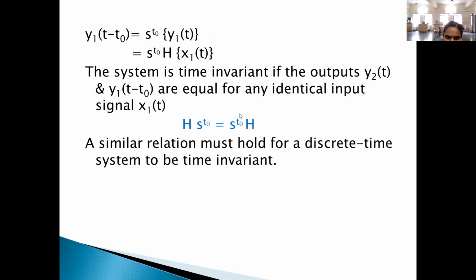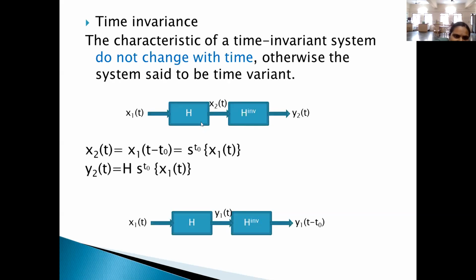The same thing, if I equate, x1 of t is going to be cancelled off. I'll be left with h of s raised to t naught equals s raised to t naught into h. This is how we can test a time invariant system.